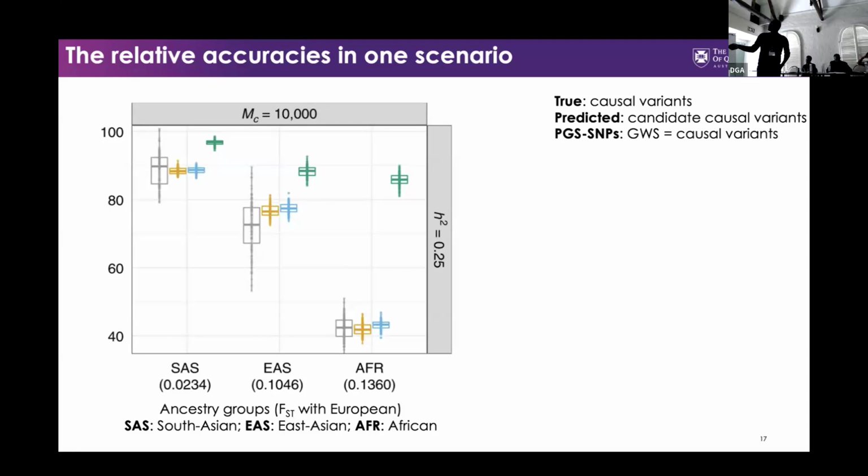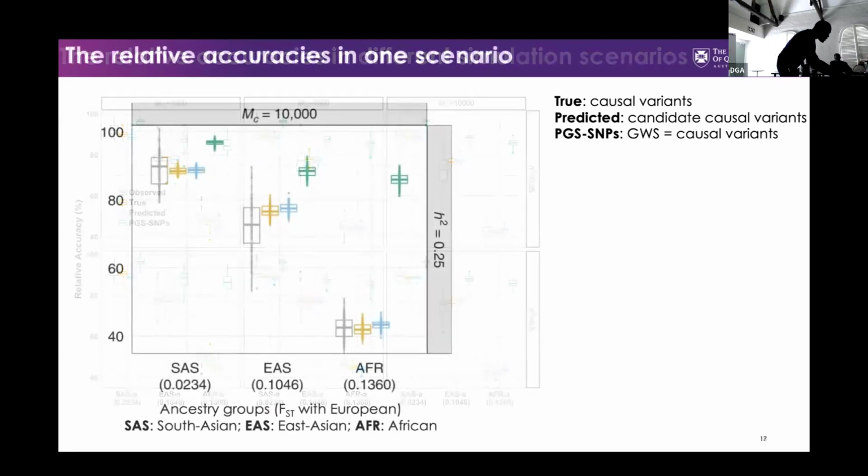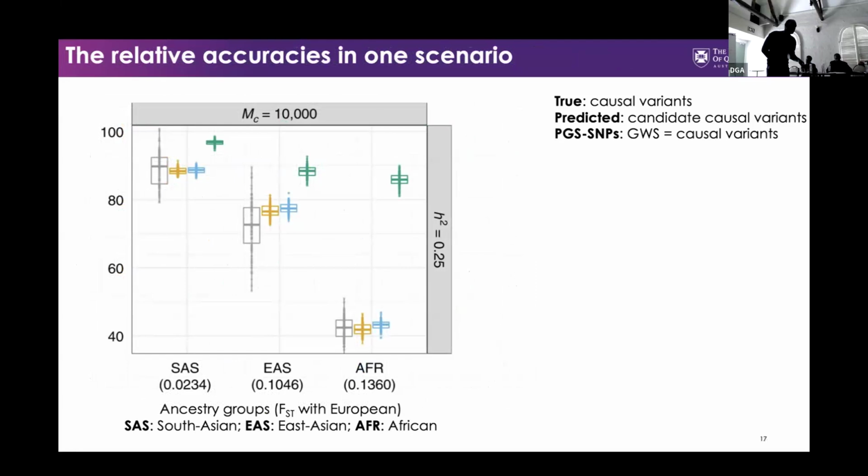And the other bars are essentially our predictions. The golden bars are what we derive from our model and predict for that relative accuracy.